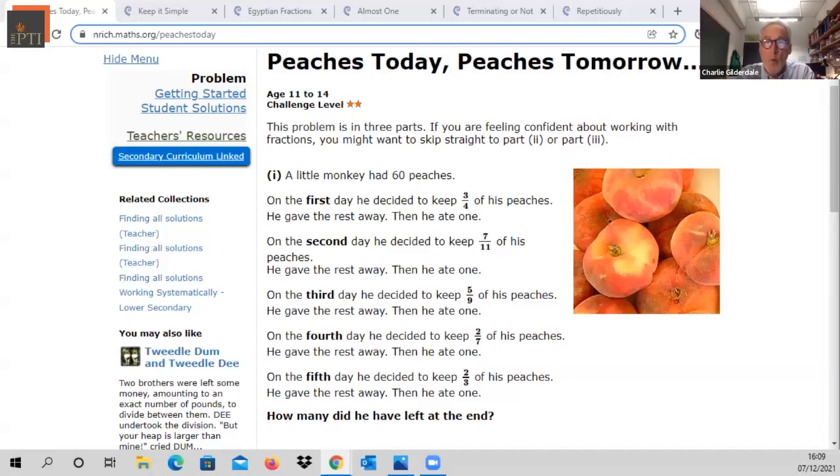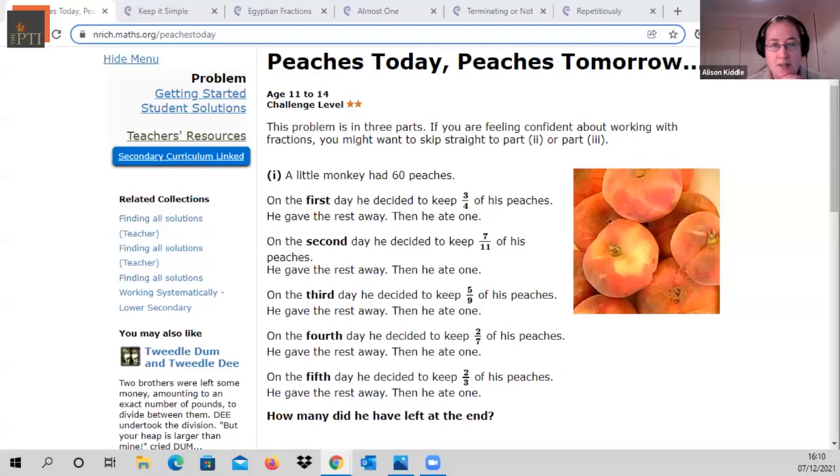So 1/11 of 44 peaches. I'm dividing 44 by 11. So 1/11 of 44 peaches is 4 peaches. So if 1/11 is 4 peaches, then 7/11 is going to be 7 times more. So it'll be 28 peaches. So the monkey will keep 28 peaches and then eat 1. So we'll be left with 27 peaches.